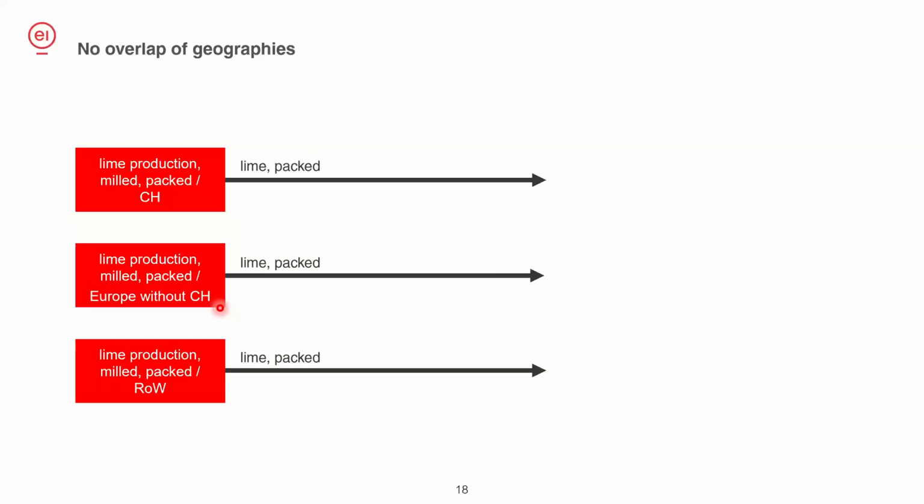When you go to the database overview, this is a file that you can download from the ecoinvent website. You can have access to all the activities and products available in each version of the database. There you will be looking at geographies such as Europe without Switzerland or Europe without Switzerland and without Austria.